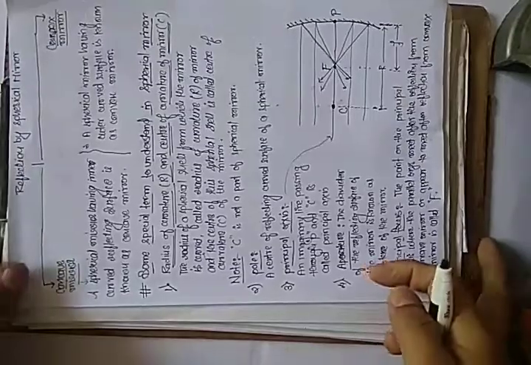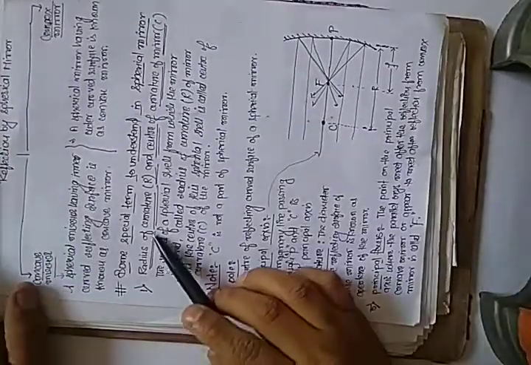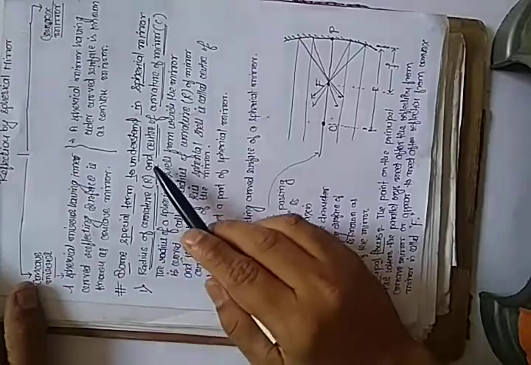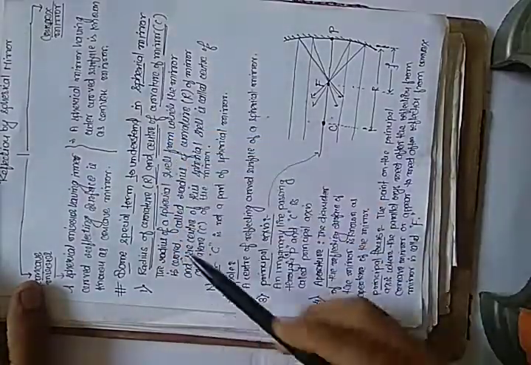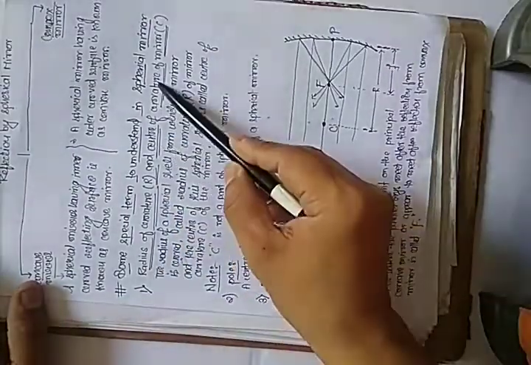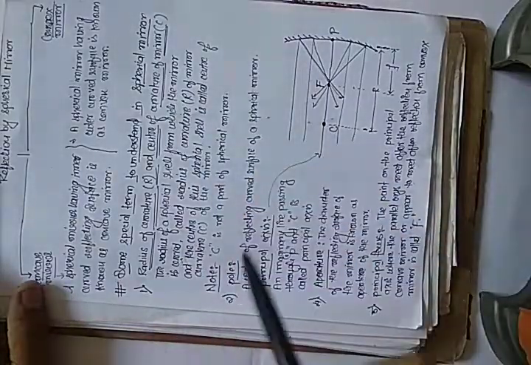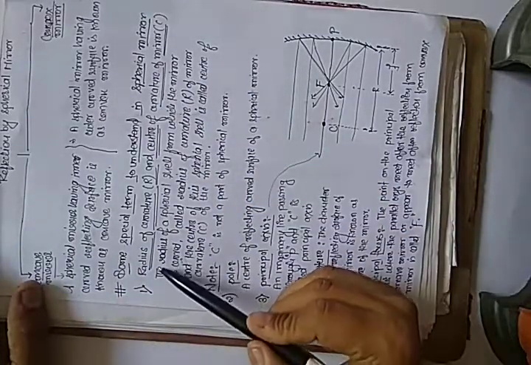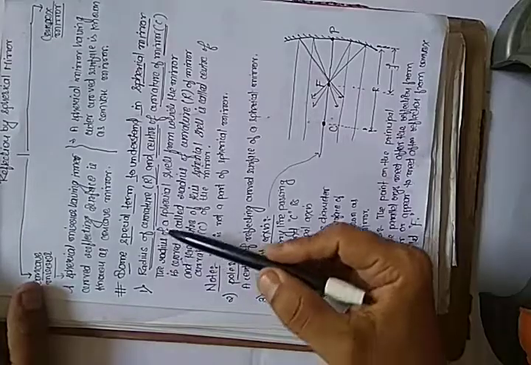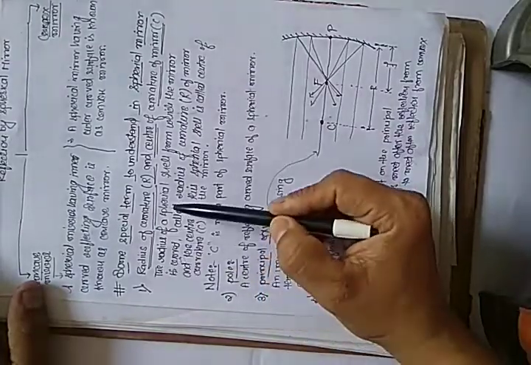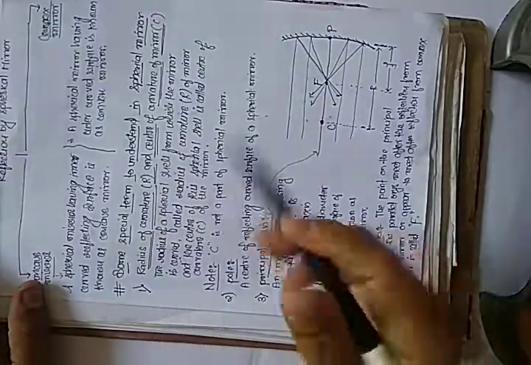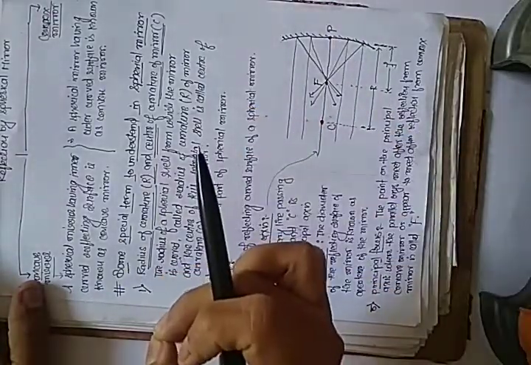Now the very first one is radius of curvature and second is center of curvature. As I told you, center of curvature is of a sphere, meaning a sphere of glass. So what is the radius of curvature? The radius of the whole sphere, from the center of the sphere to the surface, is called radius of curvature.